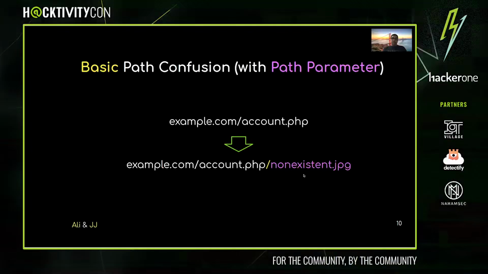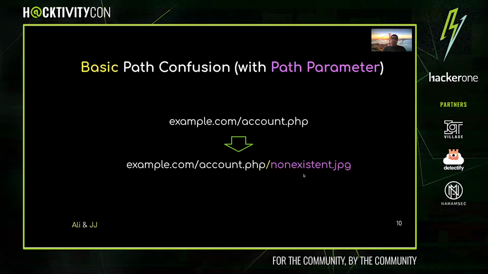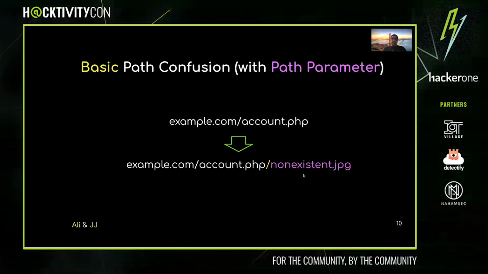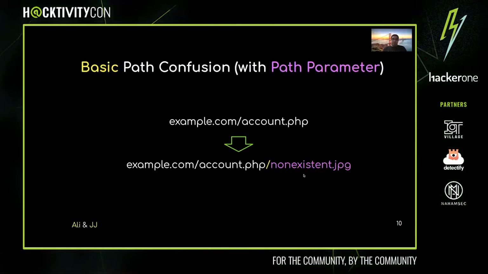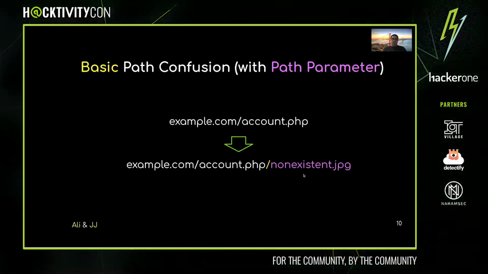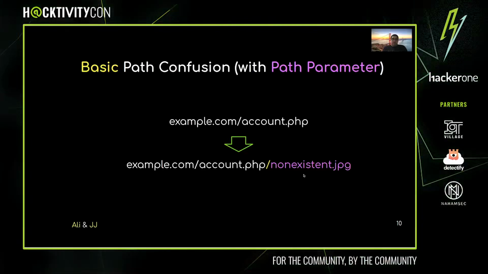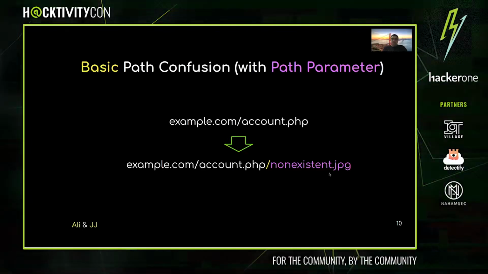To the eyes of the web server, this is a valid URL, and non-existent.jpg will be passed to account.php as a parameter. However, the middle components, the CDNs and the proxy, think that account.php is a directory and non-existent.jpg is a file.